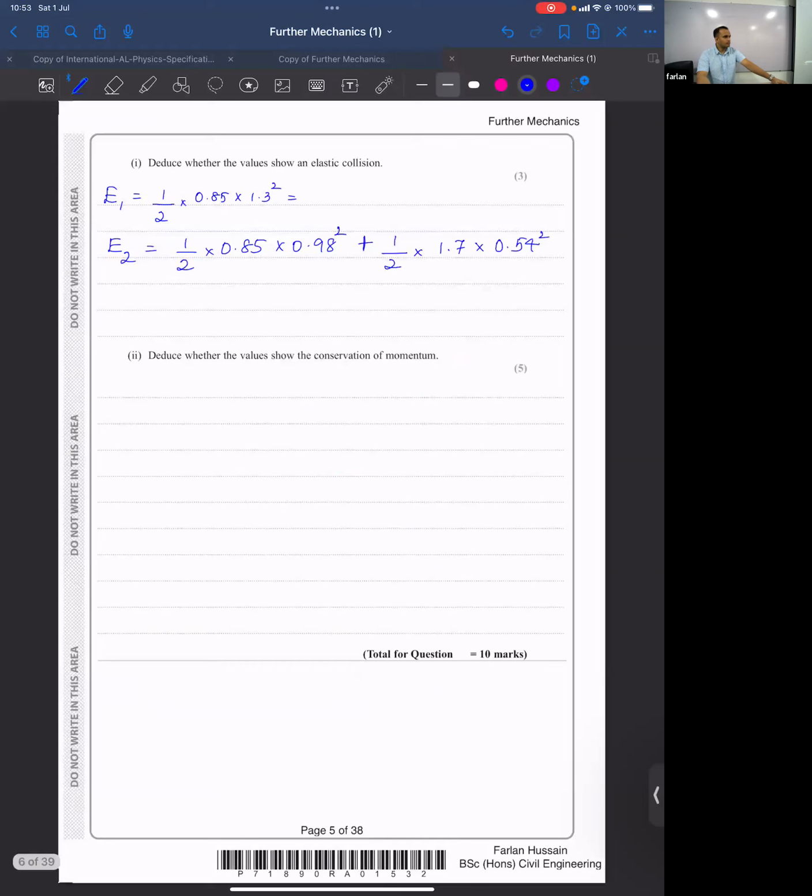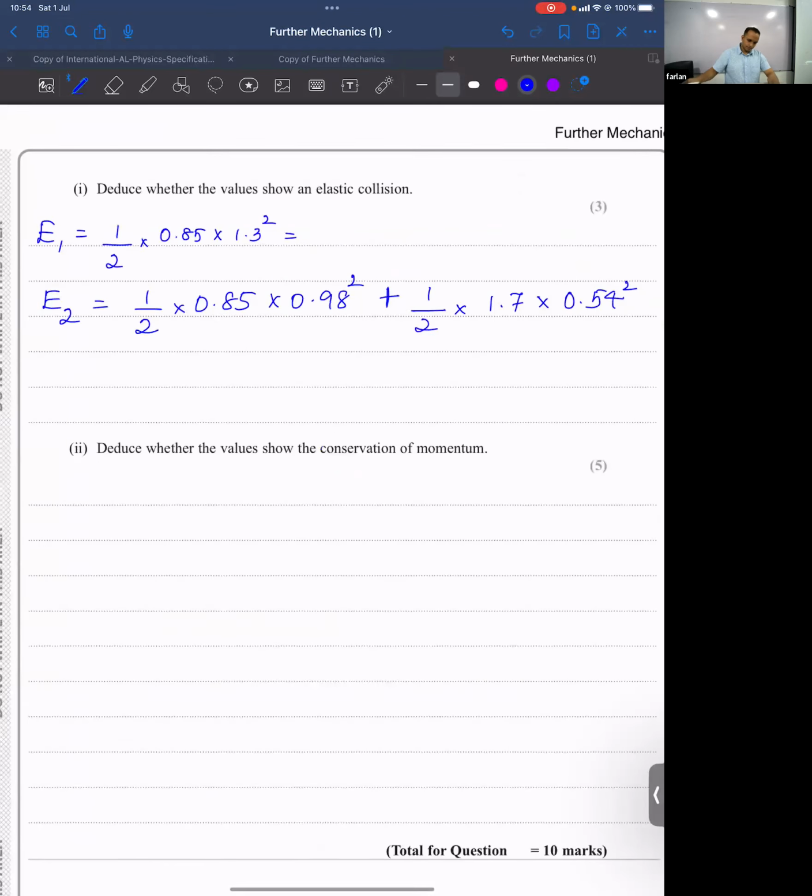Both A and B have kinetic energy. Check the values.